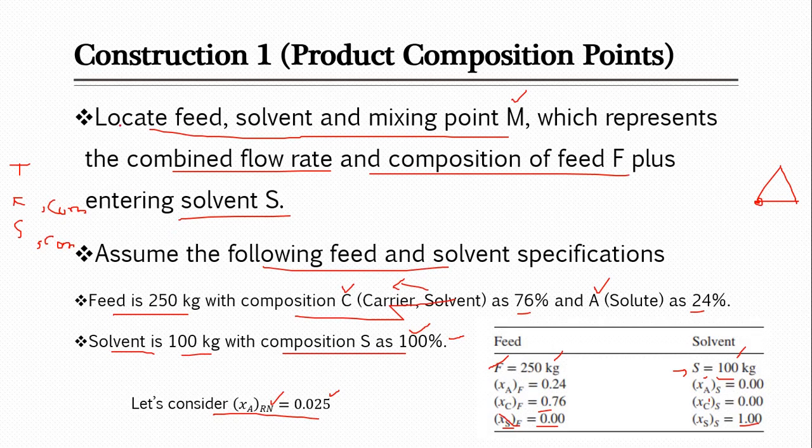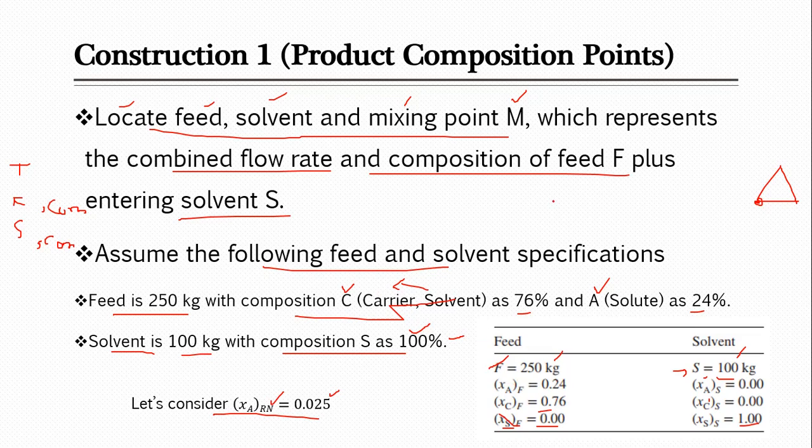What we said from the start is that you have to locate the feed, solvent and mixing point. In order to locate the feed, solvent and mixing point on the diagram, you should know at least their compositions, and also the amounts, because they are needed for calculation purposes, and that's also given here.